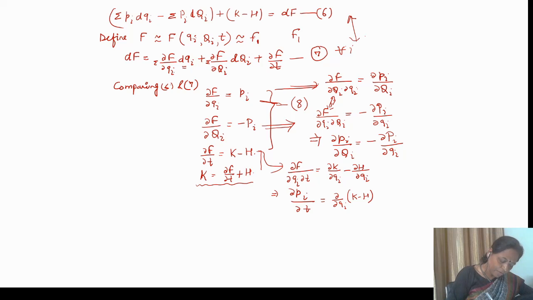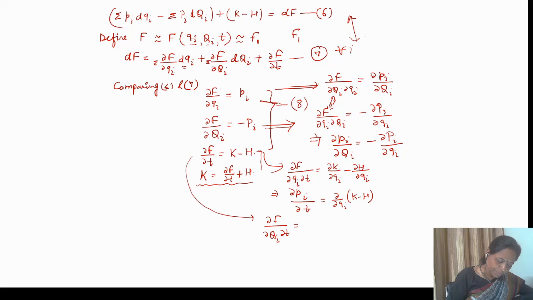Similarly, if I consider its differentiation with respect to small q, actually this f is a function of small q and capital Q. So I may differentiate f with respect to small q and capital Q. Now I will differentiate it with respect to capital Q dt.